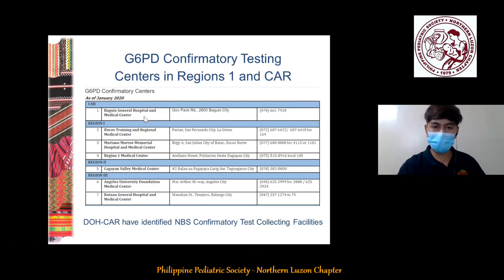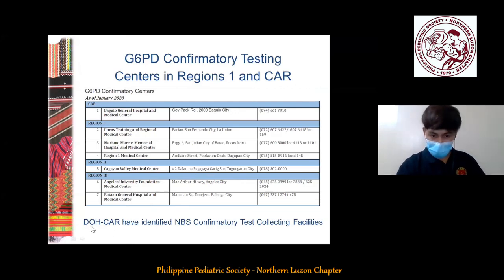For Baguio, we have Baguio General Hospital Medical Center, started last September 2018. Okay, Cagayan Valley Medical Center, nilagay ko din dito kasi yung ibang patients pumupunta din doon, and EUFMC. Okay, bago lang tong Bataan sa natin.